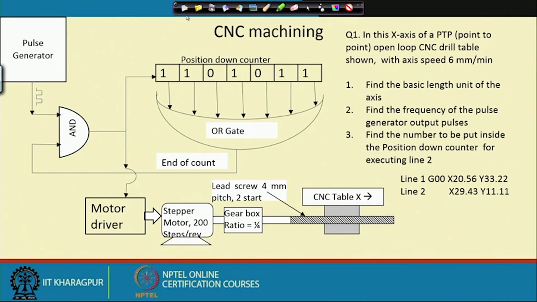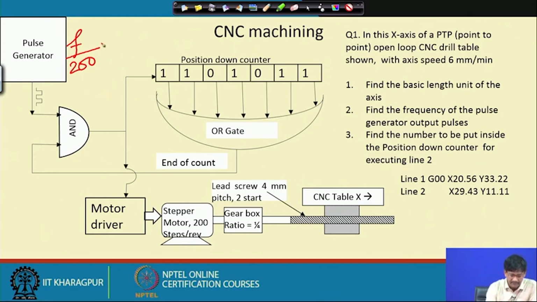Find the frequency of the pulse generator output pulses. Now, we are given this information that axis speed is 6 millimeters per minute. So, let us consider pulse generator frequency to be f. How many of these pulses will give us 1 rotation? 200 pulses. So, these many rotations of the stepper motor will be obtained per second.